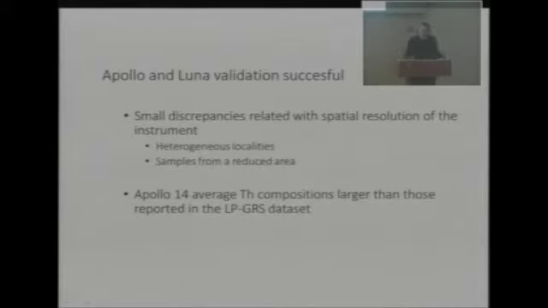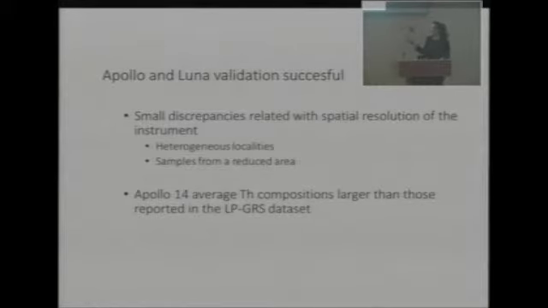But we also have another issue: the thorium composition that was reported in some meteorites is much larger than the thorium composition reported by the Lunar Prospector dataset. That's really weird, and we checked that, and that's true.